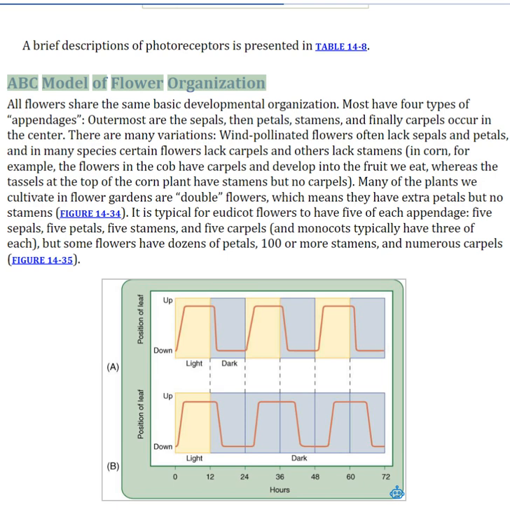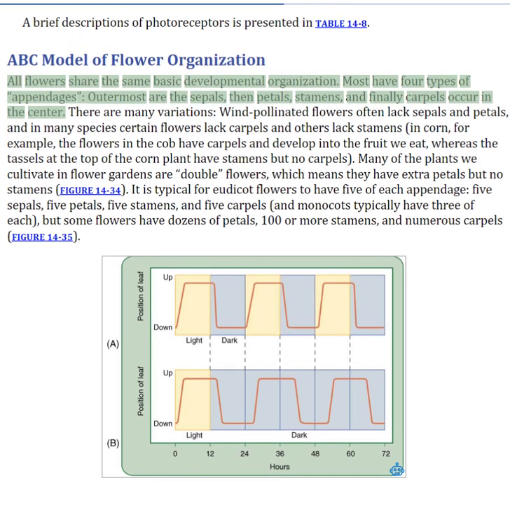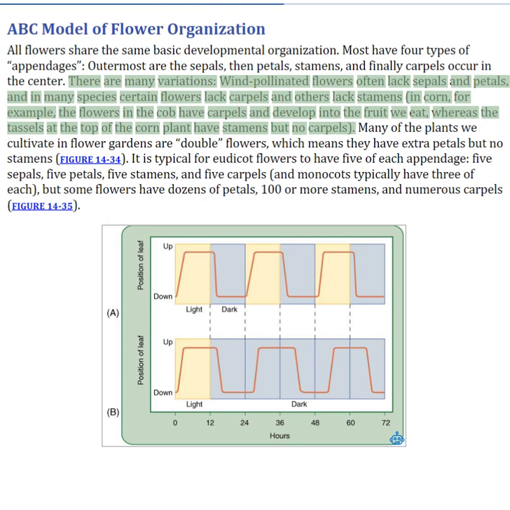ABC model of flower organization. All flowers share the same basic developmental organization. Most have 4 types of appendages. Outermost are the sepals, then petals, stamens, and finally carpels occur in the center. There are many variations. Wind-pollinated flowers often lack sepals and petals, and in many species certain flowers lack carpels and others lack stamens.